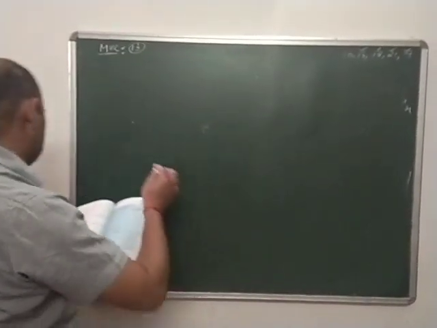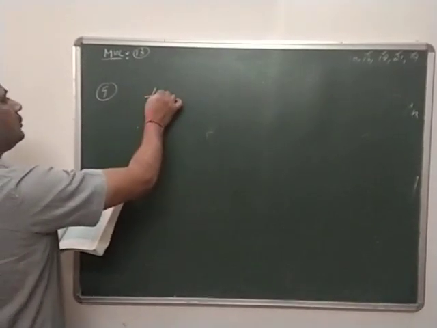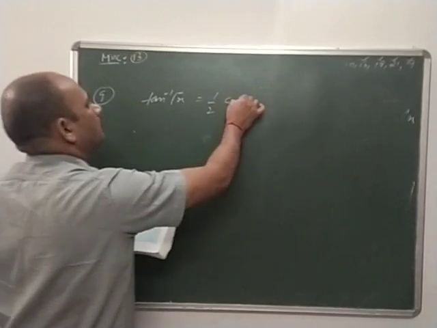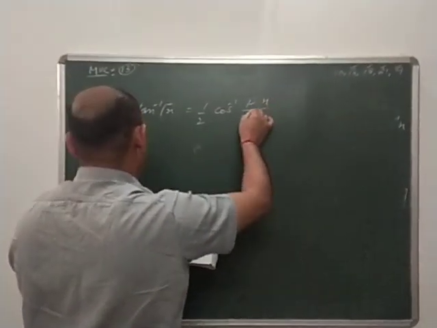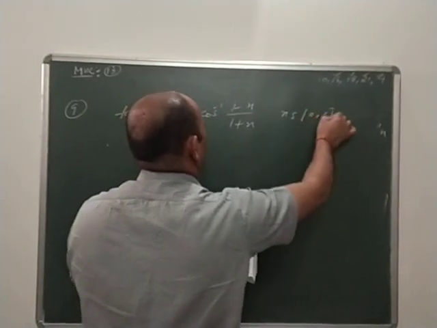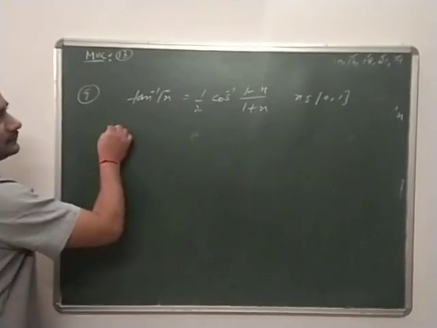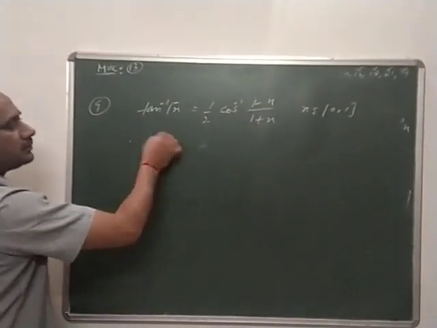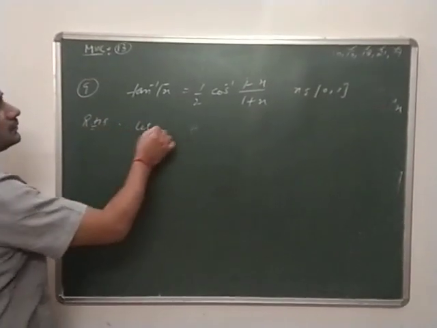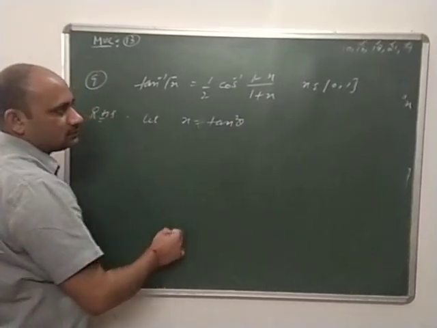One question is question number 9: tan inverse of square root of x equals half of cos inverse of (1 minus x) upon (1 plus x), where x belongs to 0 to 1. Let us take the RHS. Let x be tan square theta.